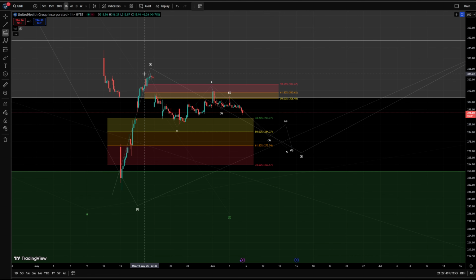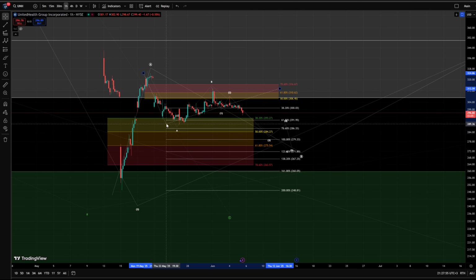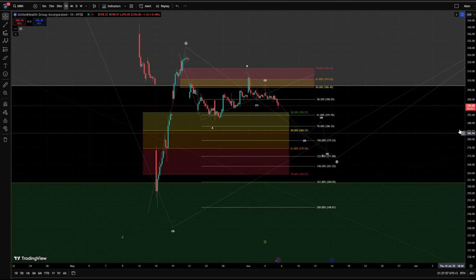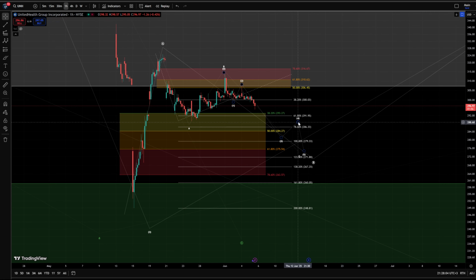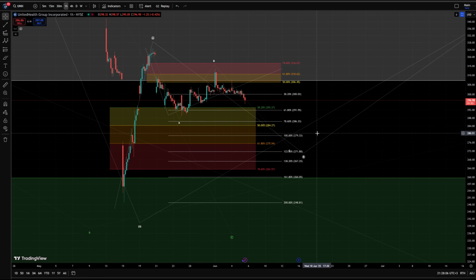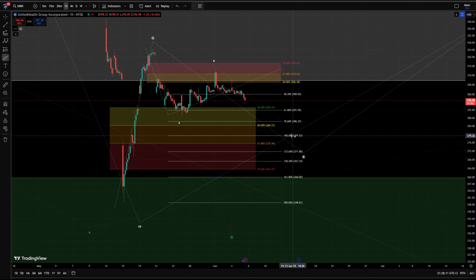And I also want to provide the target, because we do have the wave A and B complete, and it would be the 100% extension of wave A at $279. Now let me remove this micro count for wave C. So ideally it gets here at $279, but it doesn't have to get here.